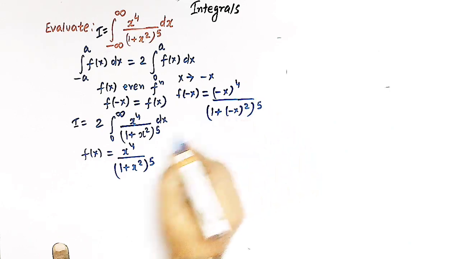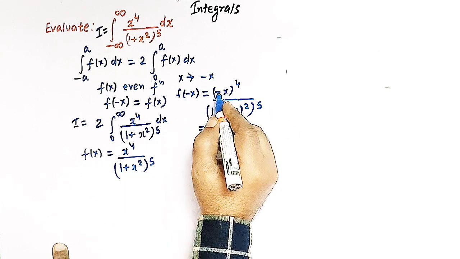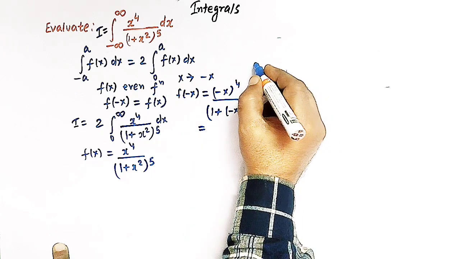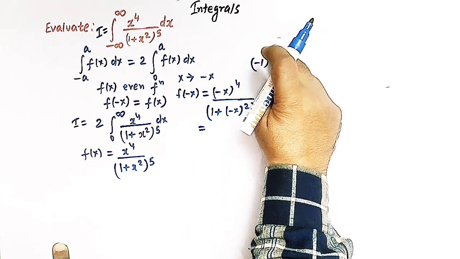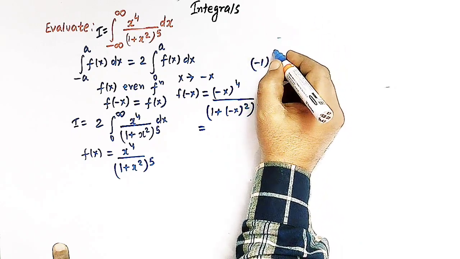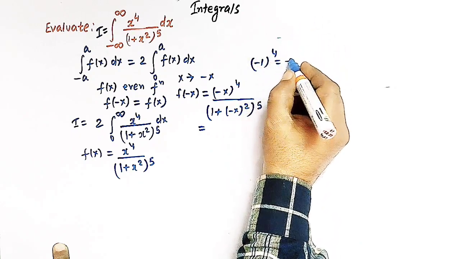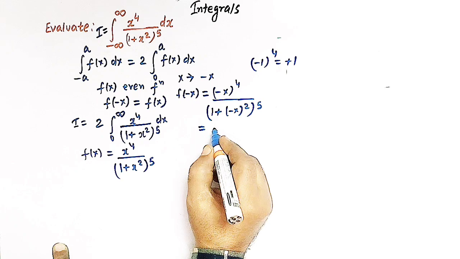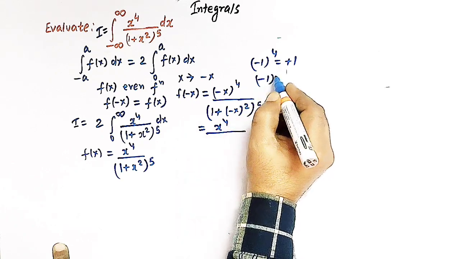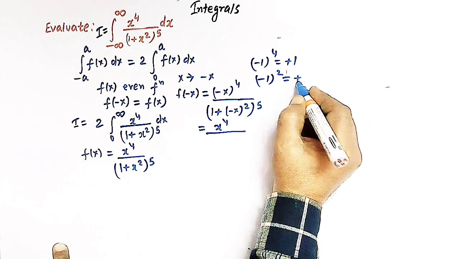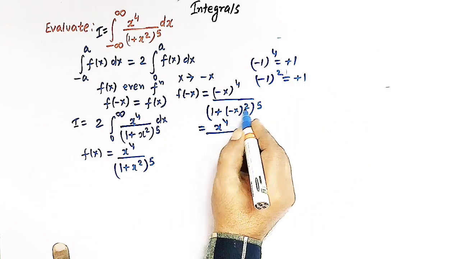Now here we have (minus x) raised to 4, that is (minus 1) raised to 4 times x raised to 4, and minus 1 raised to 4 is plus 1. So we have simply x raised to 4, and (minus x) square is equal to x square.